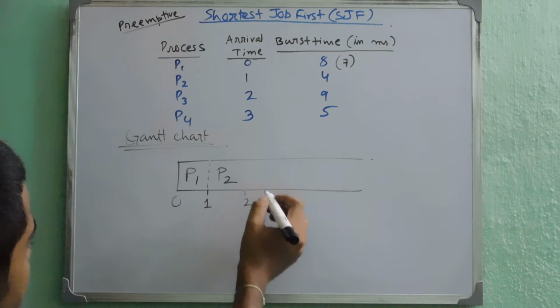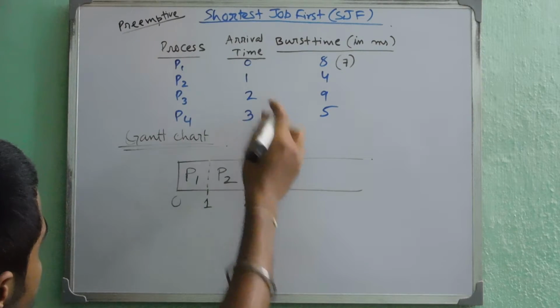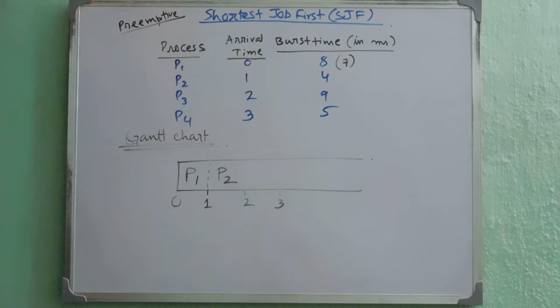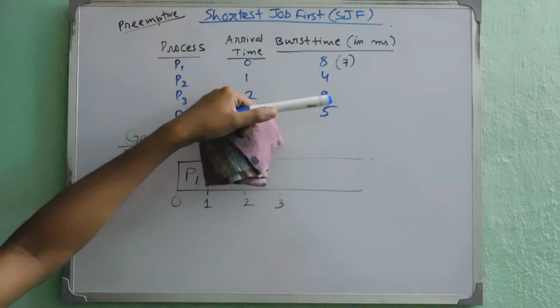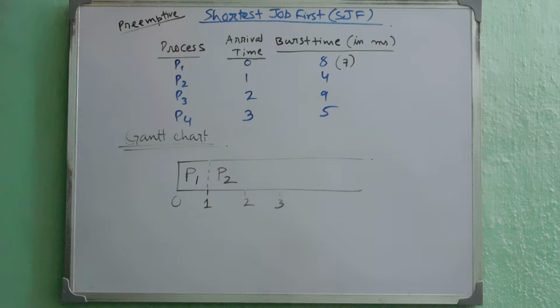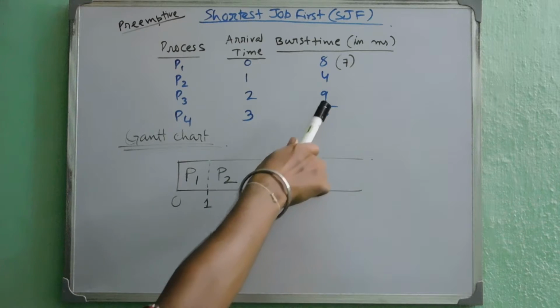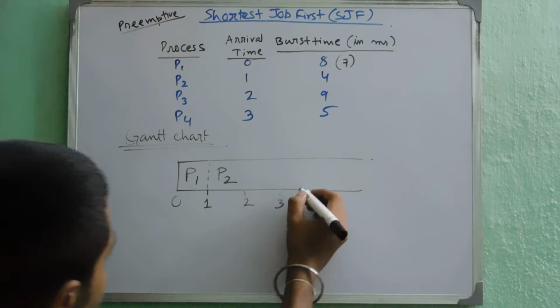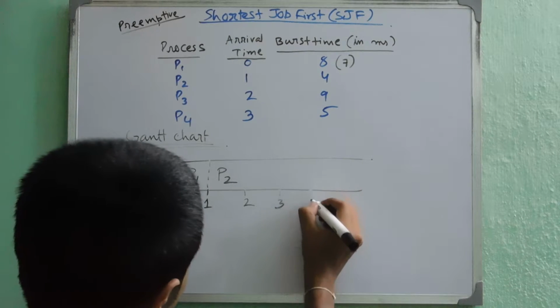So P2 will continue. At 3 milliseconds we have P4, and at that point P2 has 2 milliseconds left. So we will allow P2 to continue because 2 milliseconds is much less than 5 milliseconds. So P2 will continue up to 5.